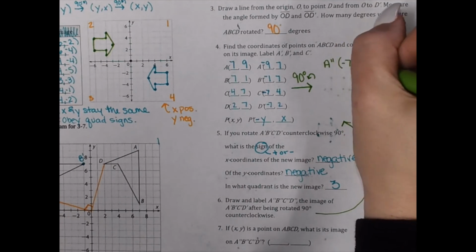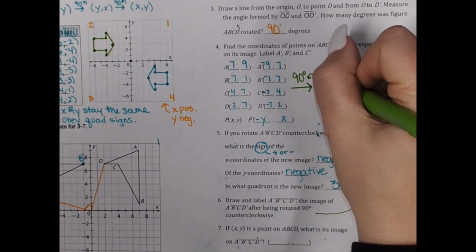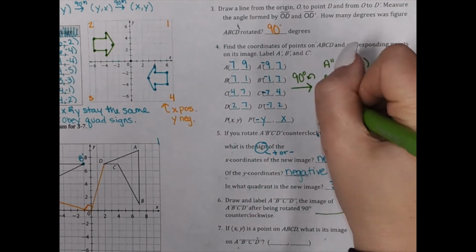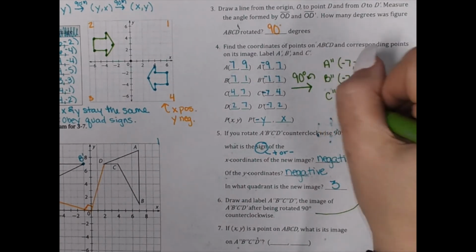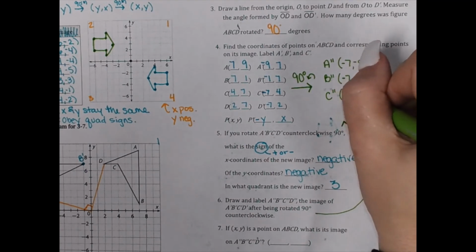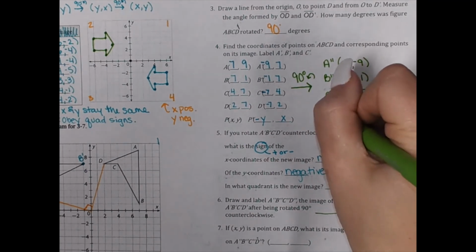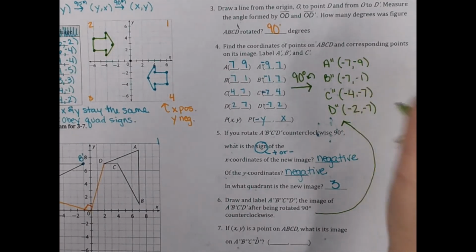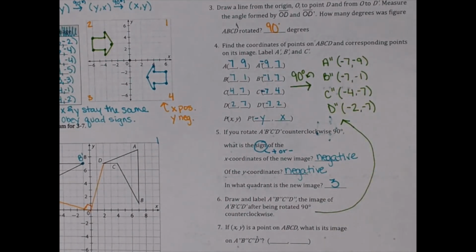So we're going to make them both negative. So for B double prime, we're going to have -7, -1. For C double prime, it's going to be -4, -7. And then for D double prime, it's going to be -2, -7. And then we can graph this.